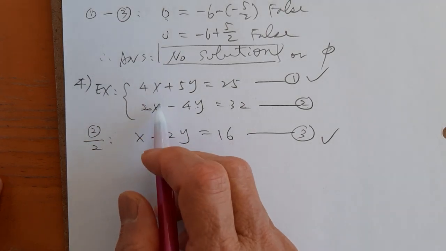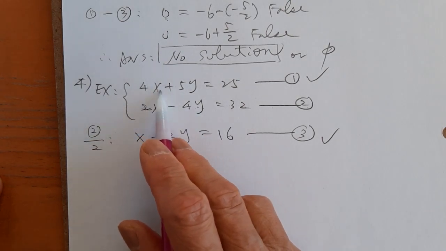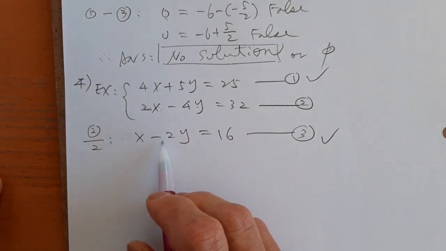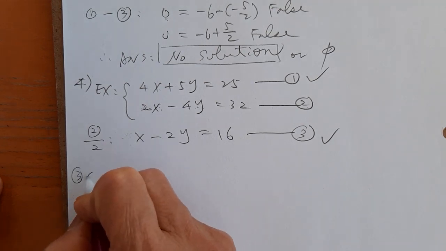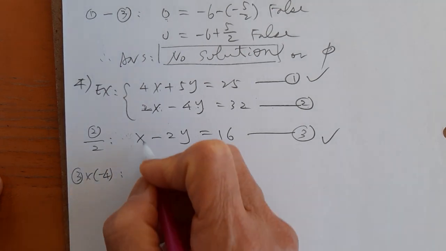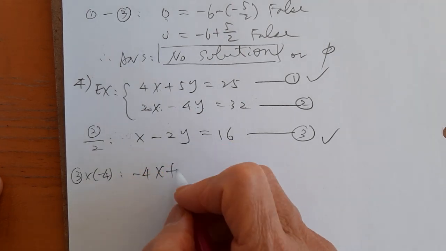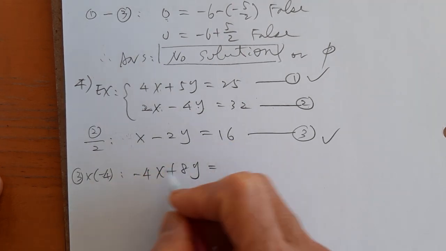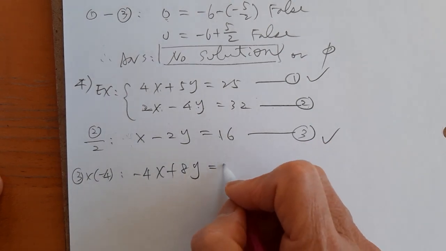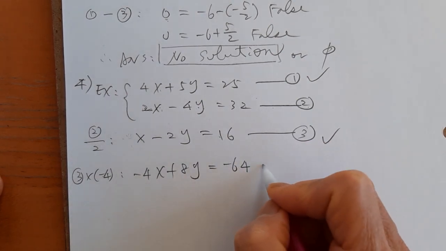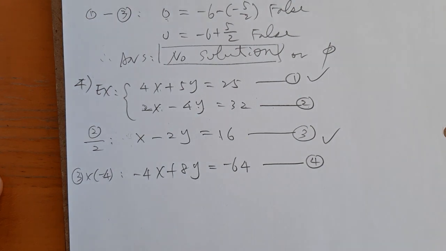Then you multiply the third equation by negative 4. So you get negative 4x, and negative 4 times negative 2 is plus 8y, and negative 4 times 16 is negative 64. And you get the fourth equation.